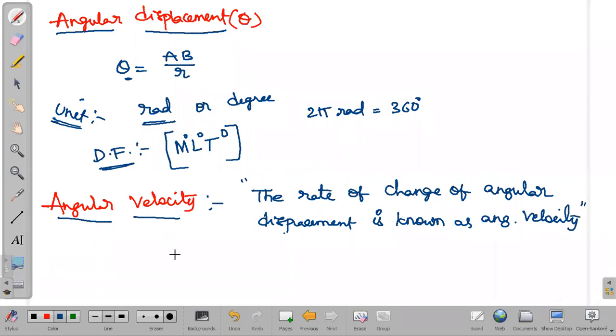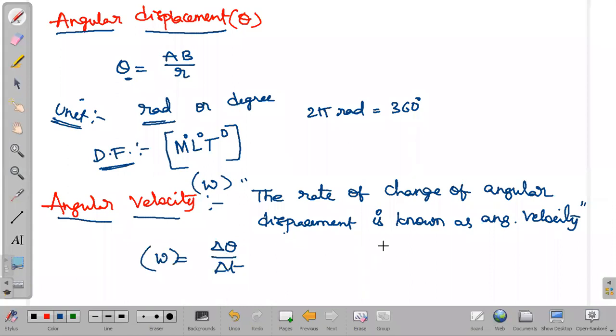So that means angular displacement changes. Change in angular displacement, what do we write? Angular displacement is theta. Change in that we take as delta theta, by delta t, and we take it as angular velocity. Angular velocity is denoted by omega. So omega is equal to delta theta by delta t.